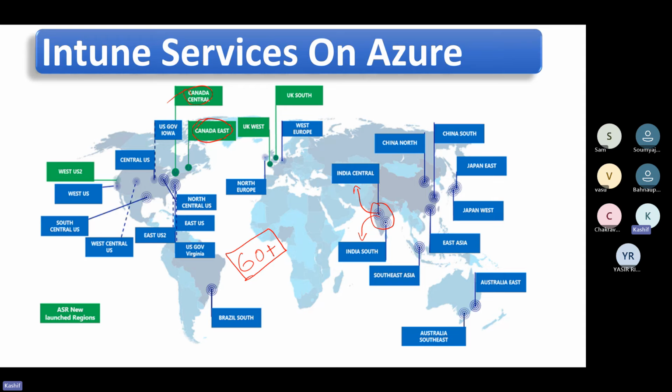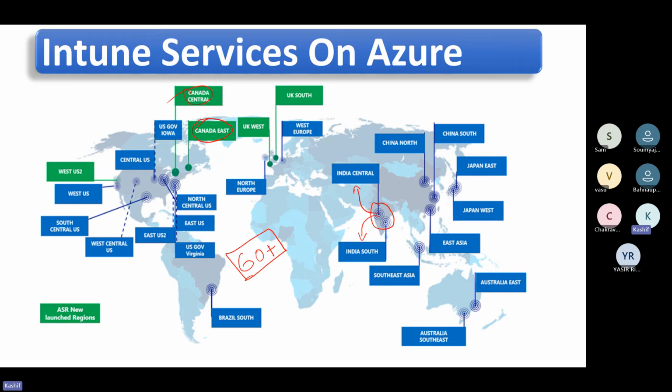So depending on your location, your account will get created in the nearest location. Intune is basically a web-based product wherein you don't have to install anything. You just take the services and you are ready to go. You just have to pay for the service which you are using. It's present in more than 60 countries.